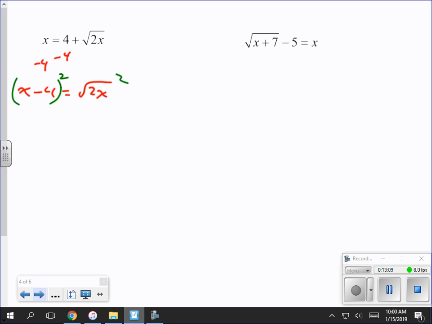Notice I have x minus 4 in parentheses being squared. It's not x squared minus 4 squared. It's x minus 4 quantity squared. So you're going to have to FOIL it out. And you'll get x squared minus 8x plus 16 equals 2x.